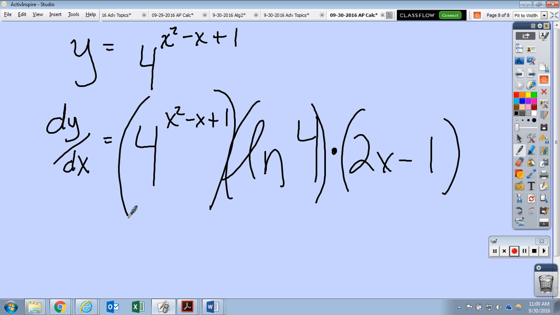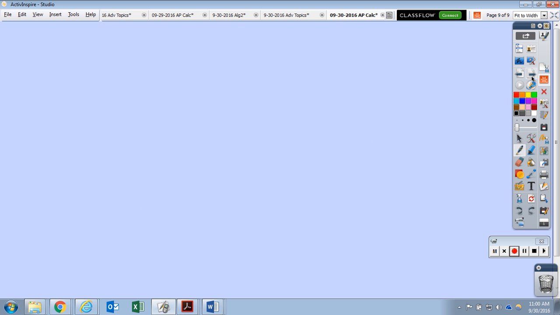One more example involving a trig function. Anyone need more time on the slide? Let's say y is equal to 5 to the power of the sine of x squared plus 5, and you want to find dy dx.